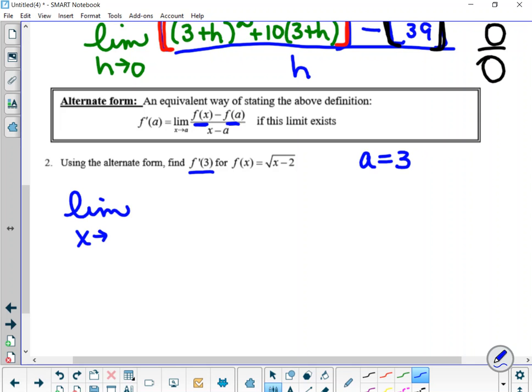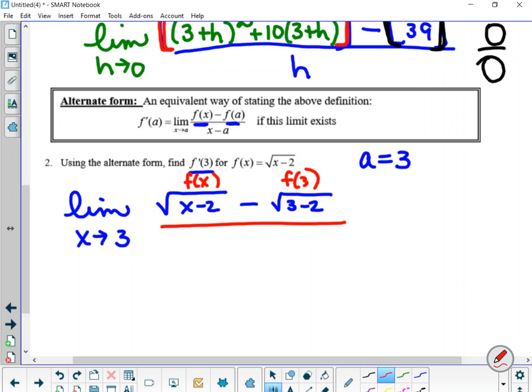So I'm going to do the limit as x approaches 3 of the f of x function, exactly the way it looks, minus the f of x function with a substituted in, so f of a. Okay. So this is f of x, and this is f of 3 over x minus 3.